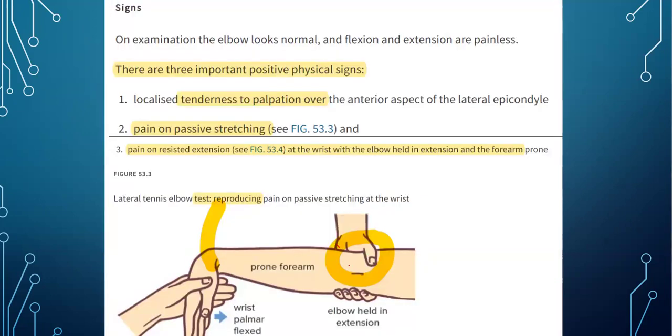So if this is the elbow, they can put a pad over here because this is where the tendon gets strained or inflamed. You can see these are the three important signs that you can find in lateral epicondylitis: tenderness on the epicondyle, pain on passive stretching, and pain on resisted extension.